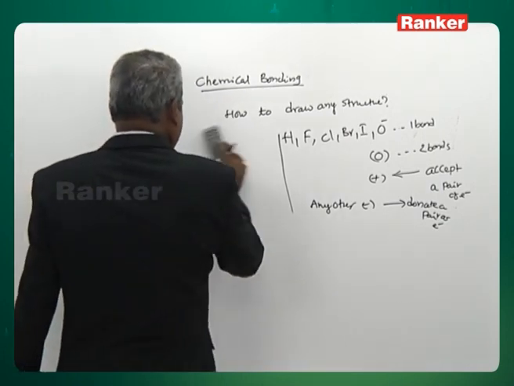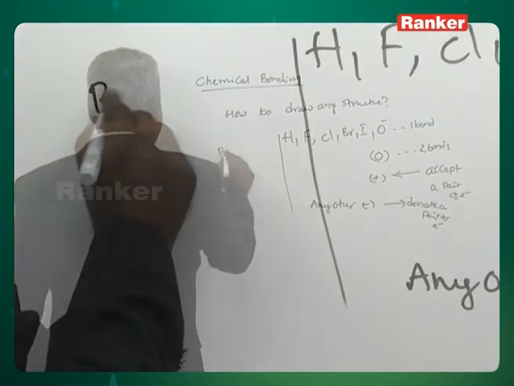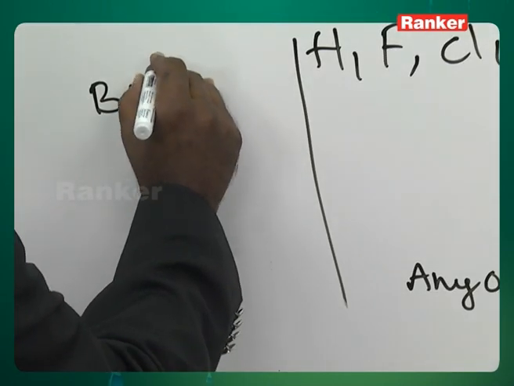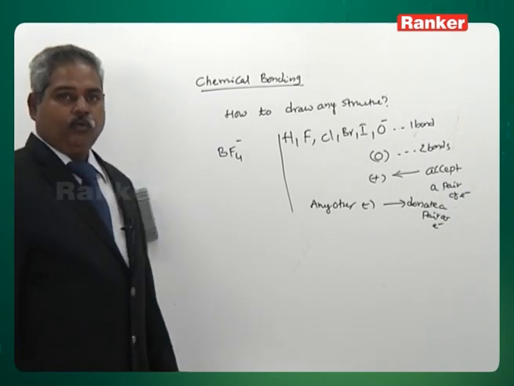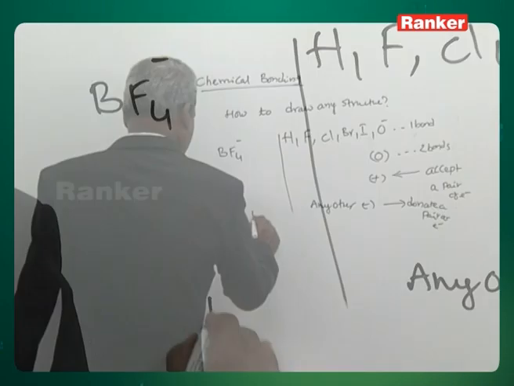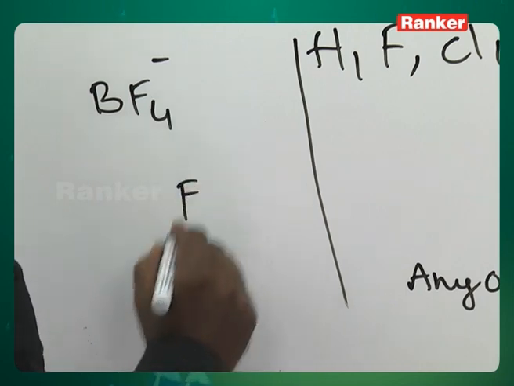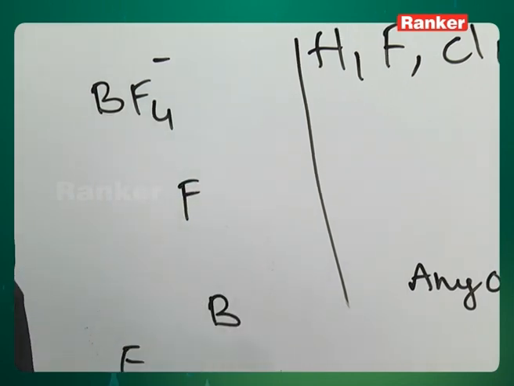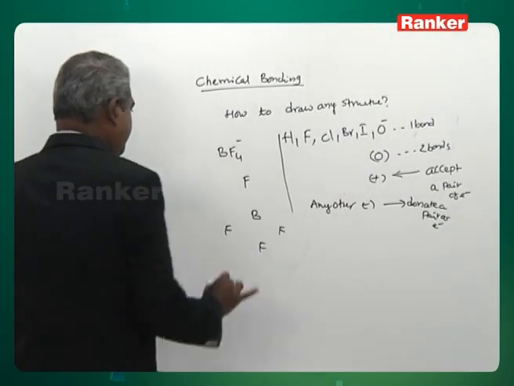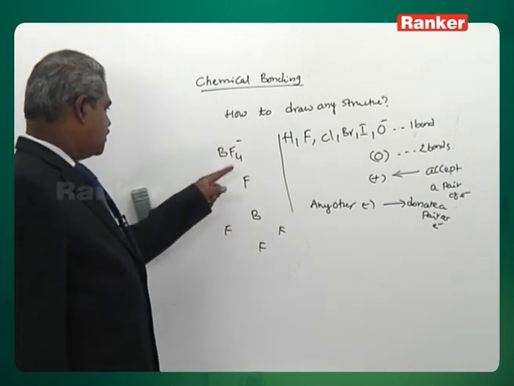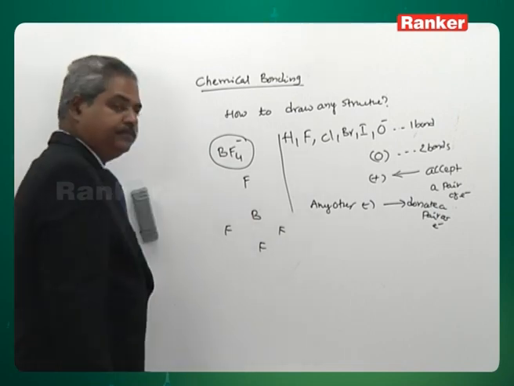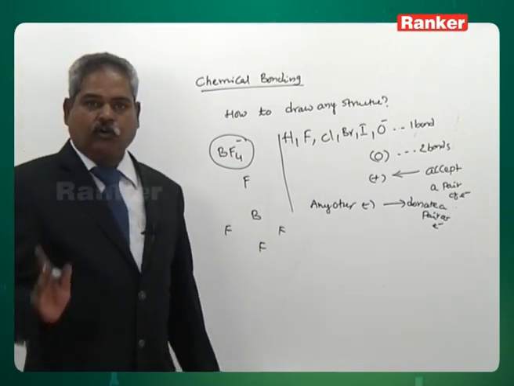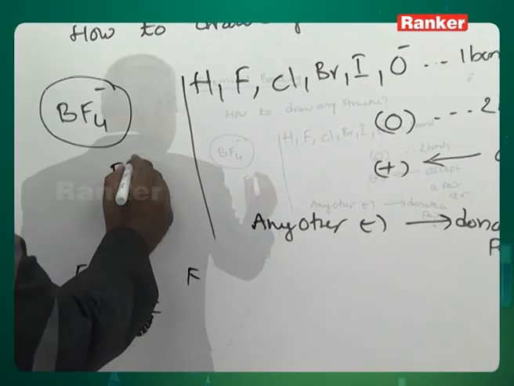Now, BF4 minus. 1 boron, 4 fluorines. It's all there in the formula. I am not using anything from outside. Whatever is given in the formula, I am just spelling it out. 1 boron, 4 fluorines, one of them is a minus.